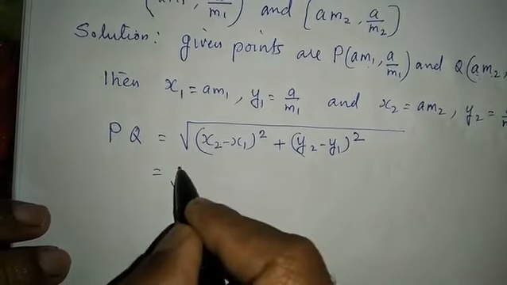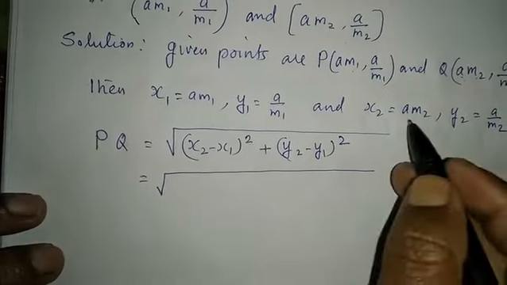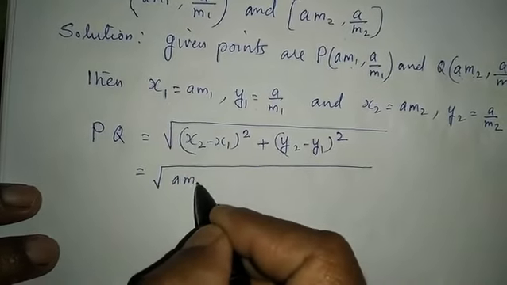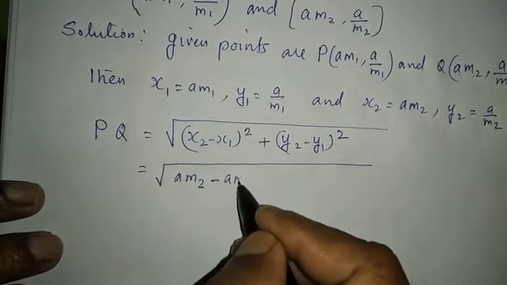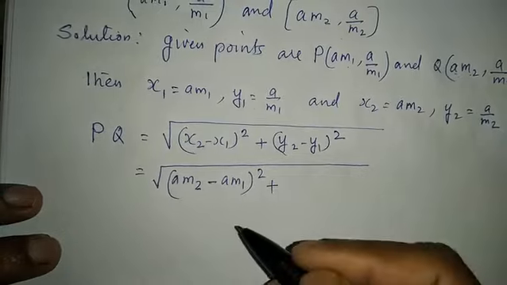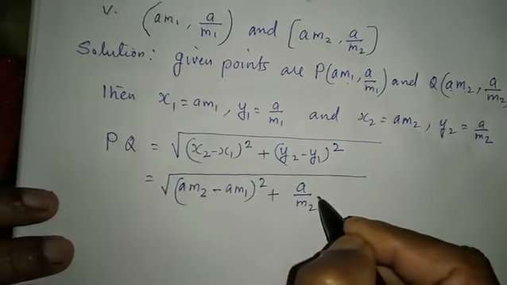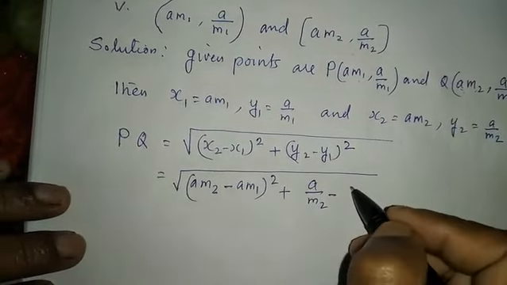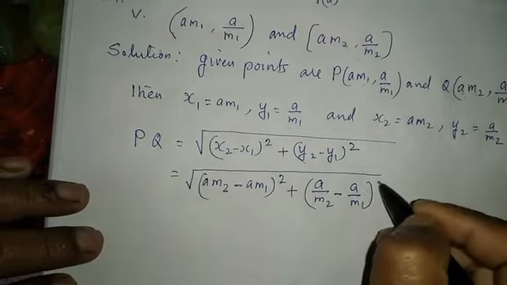Let us substitute the values: x2 is a m2 minus x1 a m1, then all square, plus y2 is a/m2 minus y1 is a/m1, all things square.